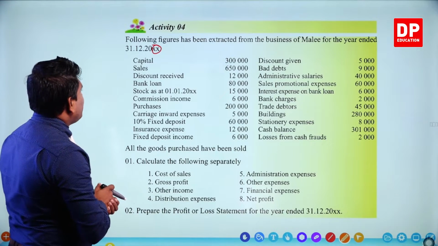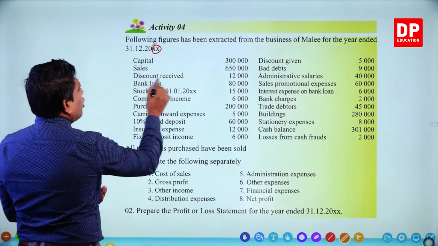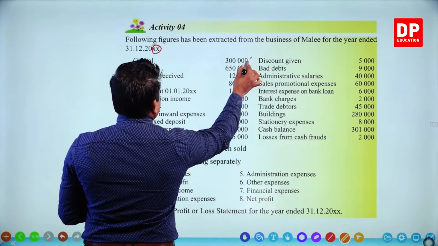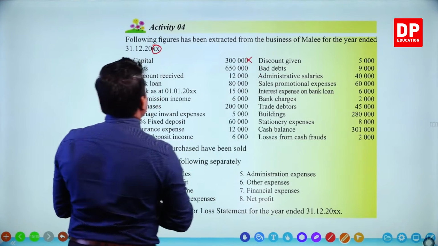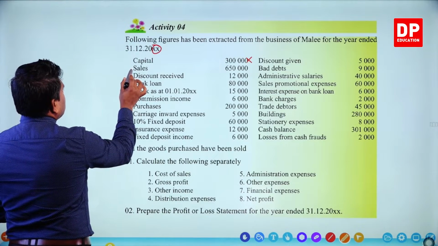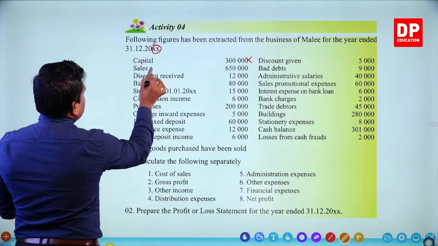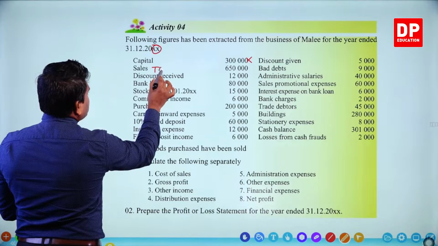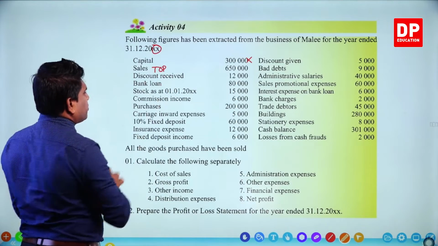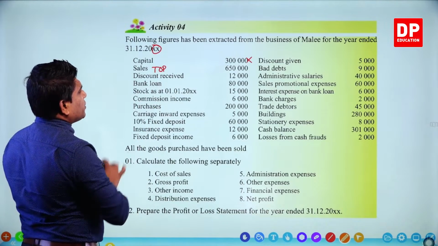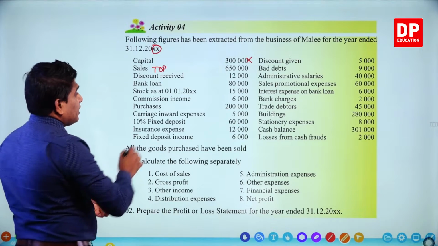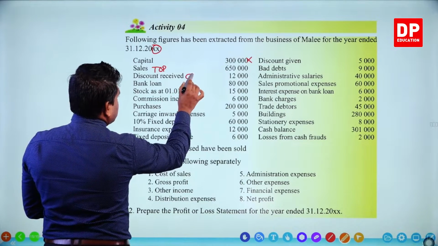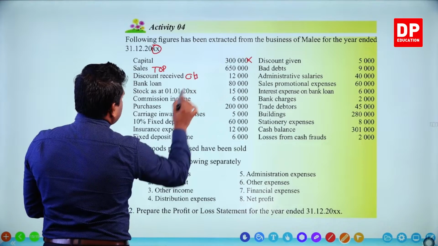Everyone take a pencil and mark each item, where we put it when you draw the profit and loss statement. Remember, capital we don't take. Why? Because capital is equity. Sales, like top means profit and loss statement, top we put. Discount received, where? Other income, right?